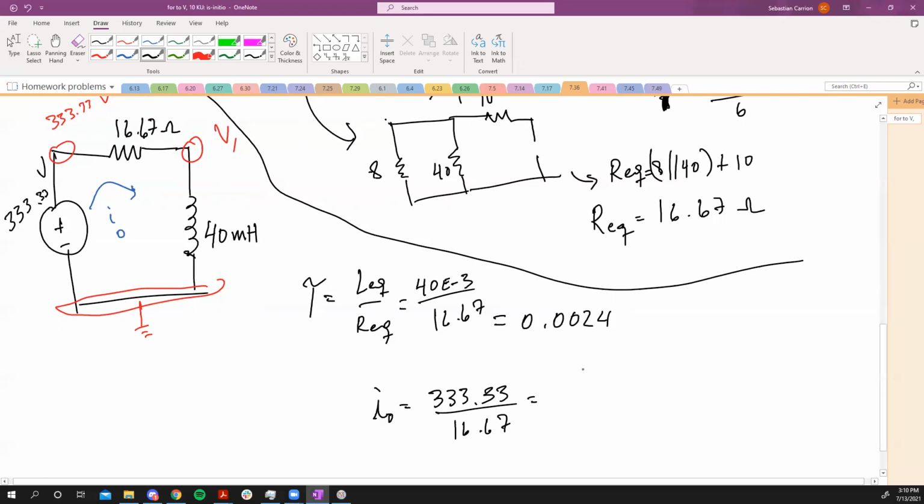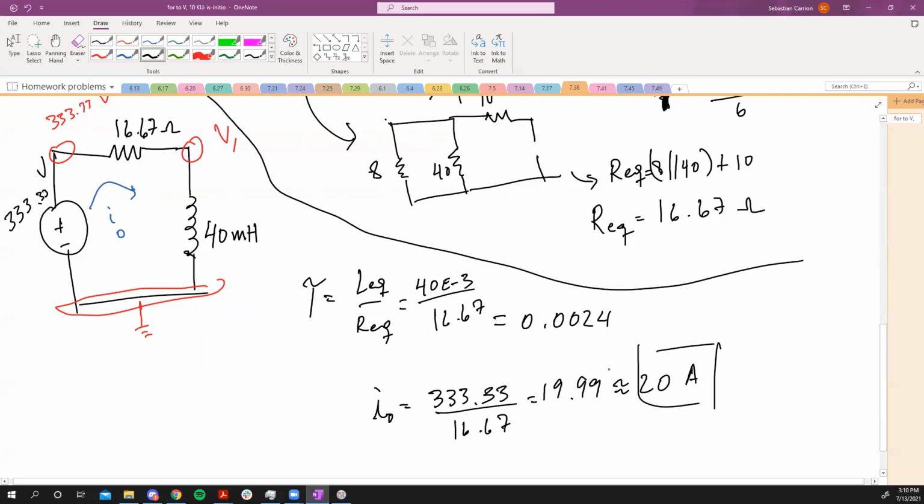And that's going to approach, it's going to be 19.99. So it's going to approach 20. So I'm going to call it 20 amps instead. The decimals here definitely mess things up. It definitely approaches 20 if we add more decimals.